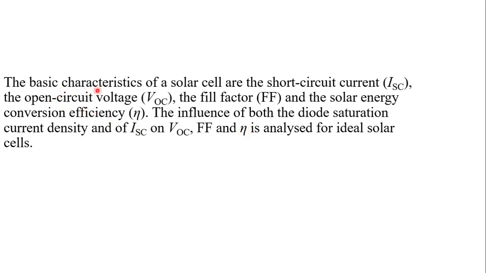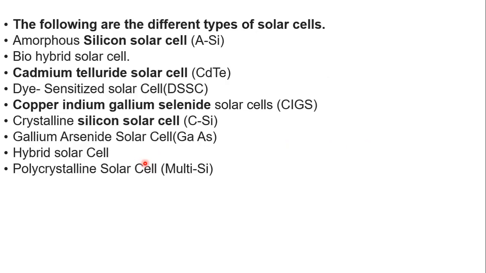The basic characteristics of a solar cell are the short circuit current ISC and the open circuit voltage VOC, the fill factor and the solar energy conversion efficiency. The influence of both the diode saturation current density and of ISC on VOC, FF and eta is analyzed for ideal solar cells.